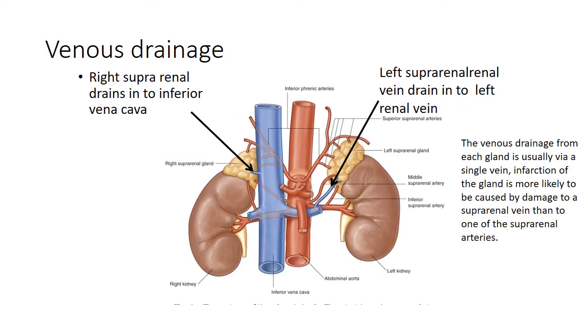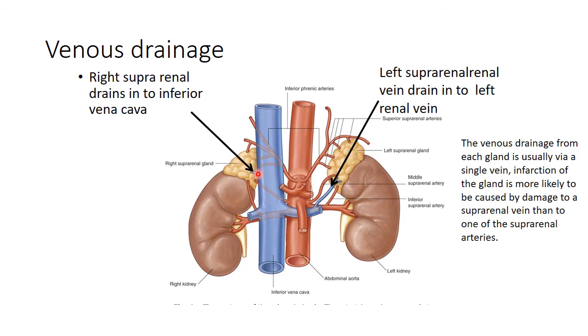Coming to the venous drainage. Unlike the three sets of arteries for arterial supply, venous drainage is by a single vein from each suprarenal gland. So there is one for the right side, the right suprarenal vein, and one for the left side, the left suprarenal vein. The right suprarenal vein you can identify over here.